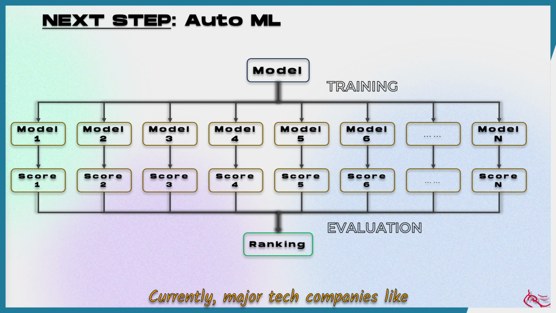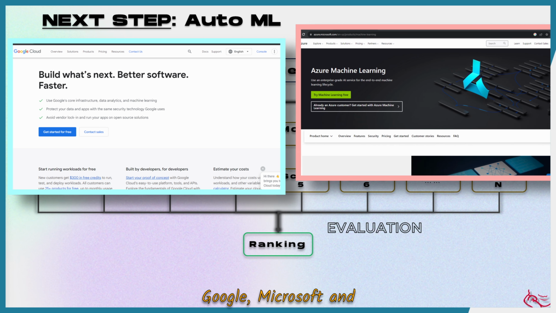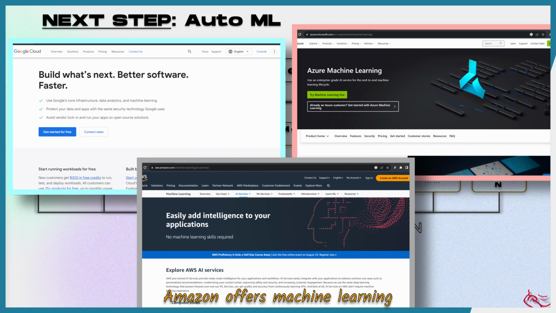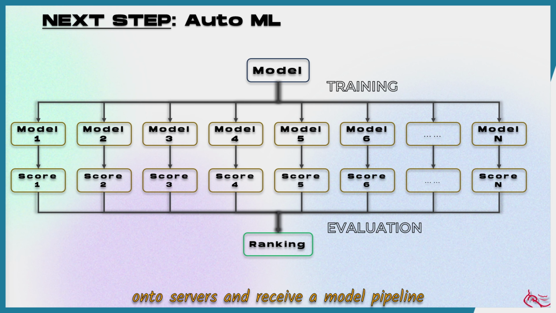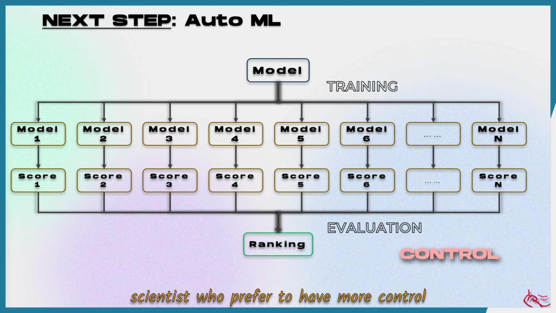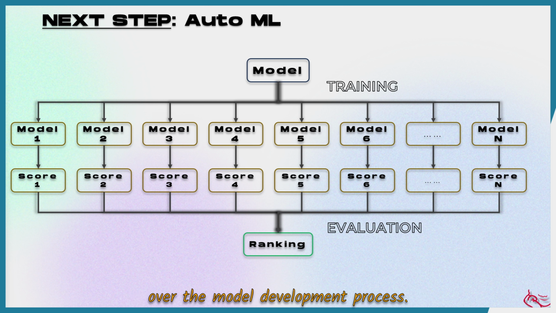Currently, major tech companies like Google, Microsoft, and Amazon offer machine learning as a service. This allows users to upload their dataset onto servers and receive a model pipeline that can be accessed through a web service. However, relying solely on these automated services may not be suitable for a true data scientist who prefers to have more control over the model development process.